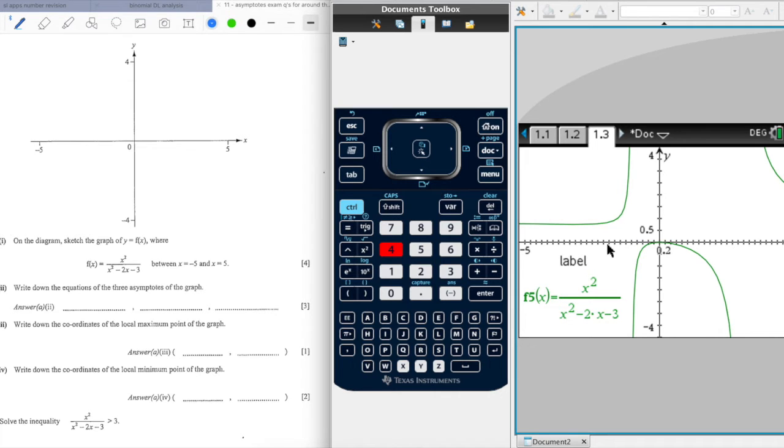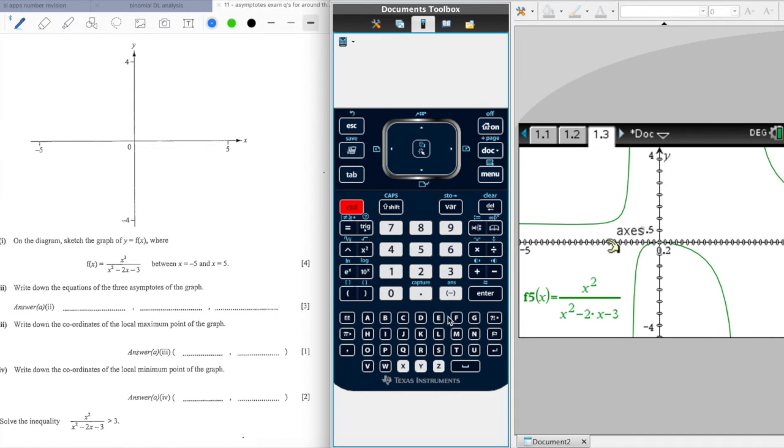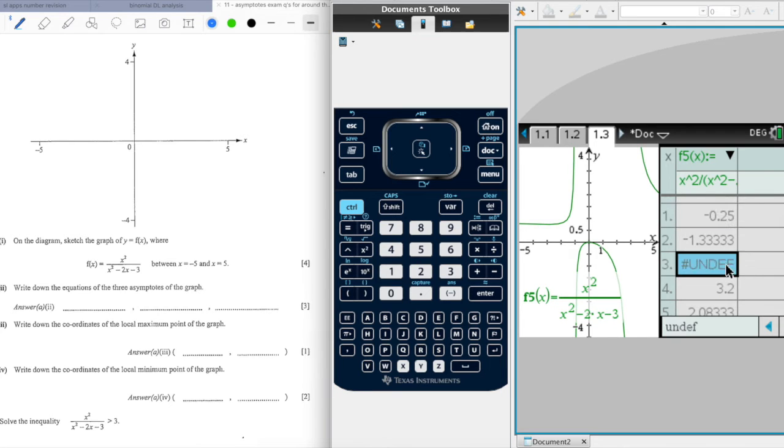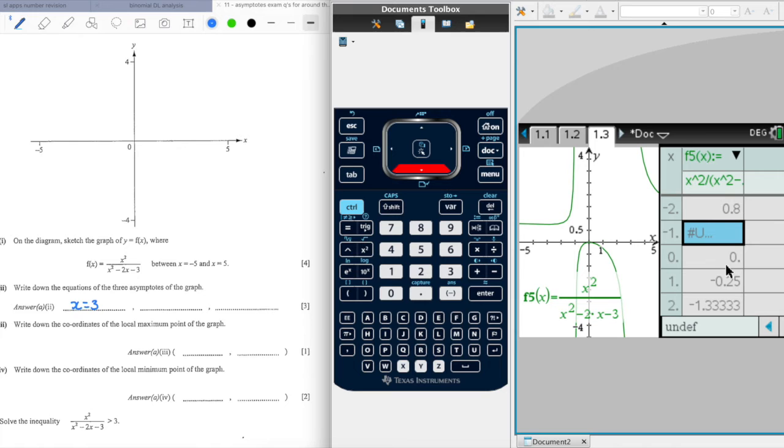So we know that we can find an asymptote using the GDC, using Control T, and we see one of them there straight away, which is x is equal to 3. And if we scroll up, we can see another one at x is equal to -1.